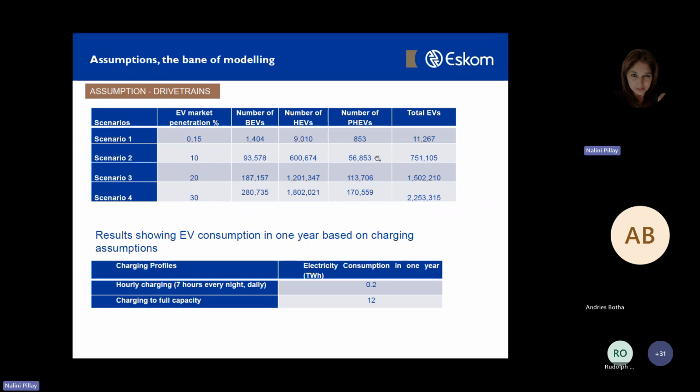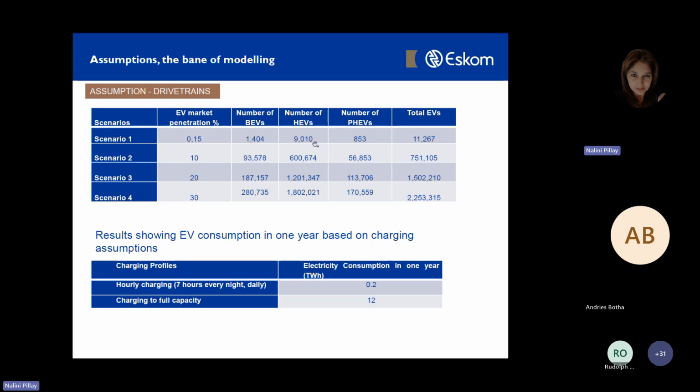And the problem with that is that if you're going to calculate your electricity demand due to charging of these EVs, your hybrids actually don't count. They could count in terms of the number of EVs, but not in terms of what should be accounted for in terms of calculations. And that could actually affect your results drastically.